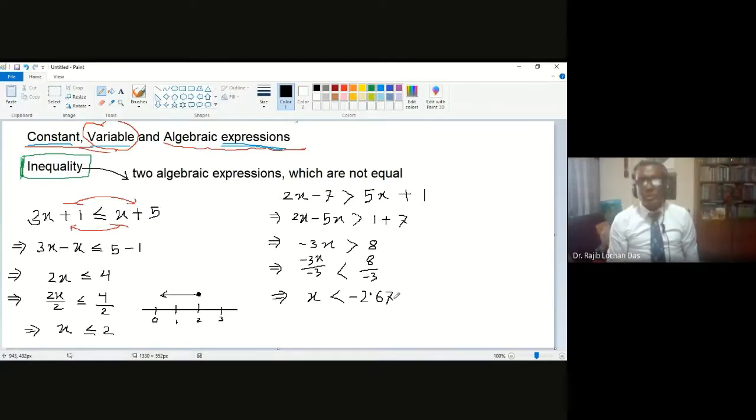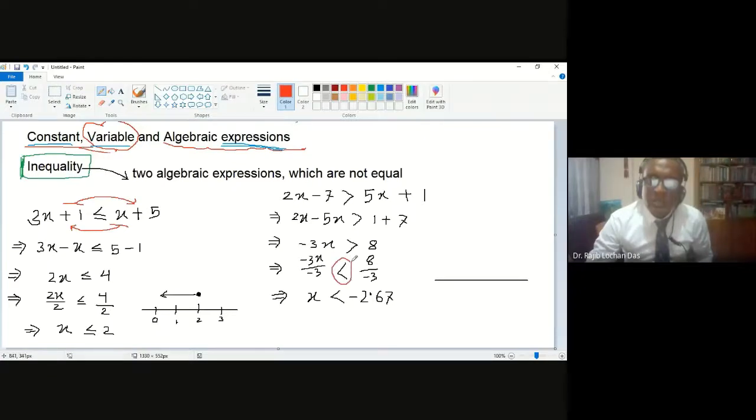So we can show this on the line. That is not a big problem, it is easy and you can easily do this. So my point is why we are writing the opposite sign here. That is the thing we need to understand.